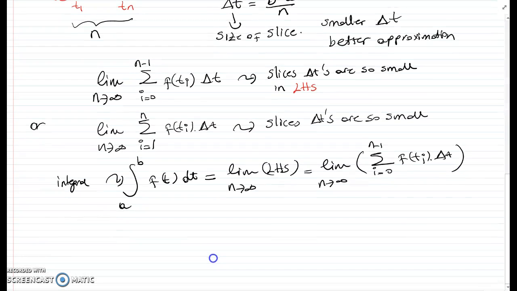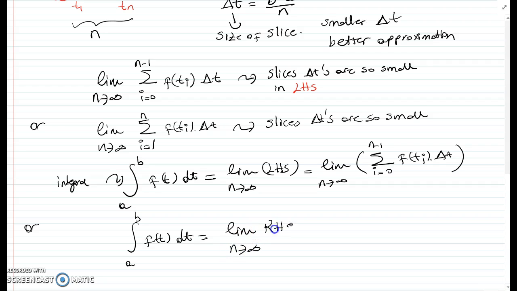Or, the same way again, the integral from a to b of the function is the limit as n goes to infinity of the right-hand sum, which is the limit as n goes to infinity of the sum from i equals 1 to n of f of t i delta t.